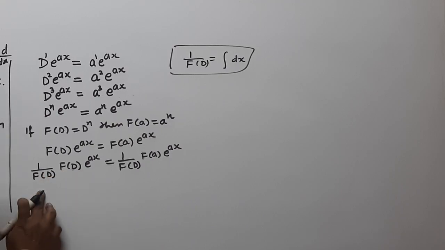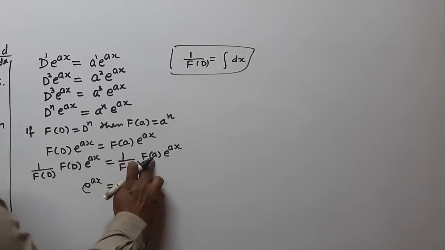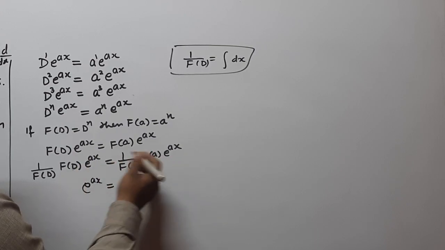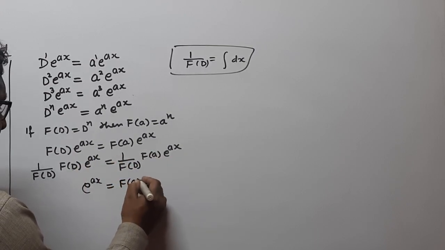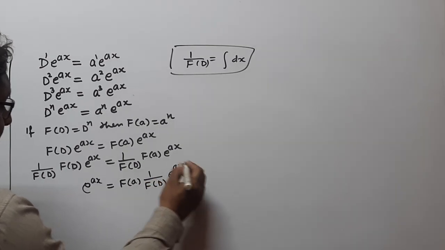So they cancel out, and there will be e to the power ax. And f(a) is constant because a is constant, so it comes outside the 1 upon f(D) integral operator. So this is f(a) times 1 upon f(D) times e to the power ax.